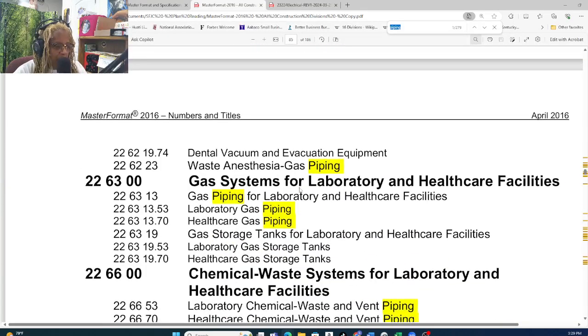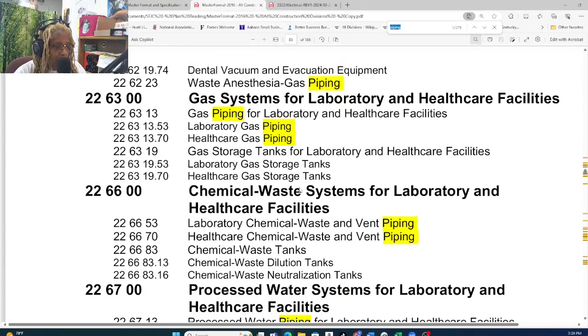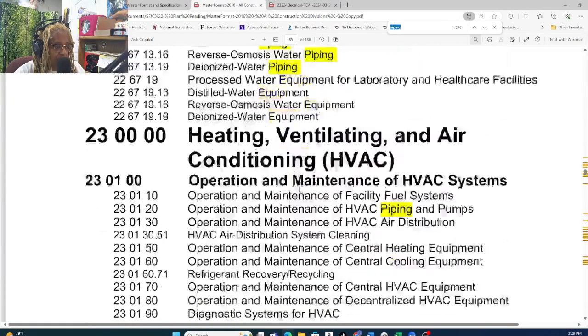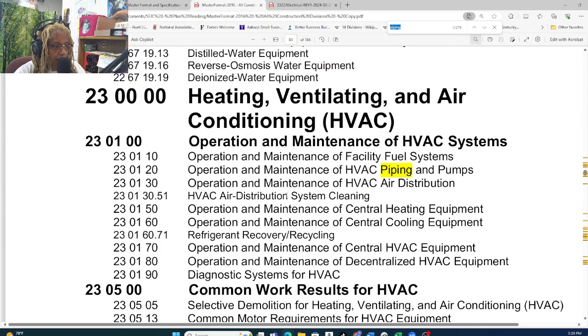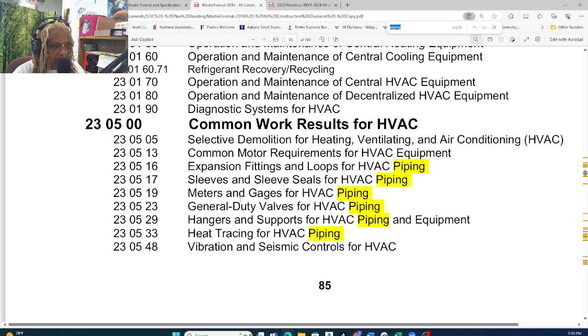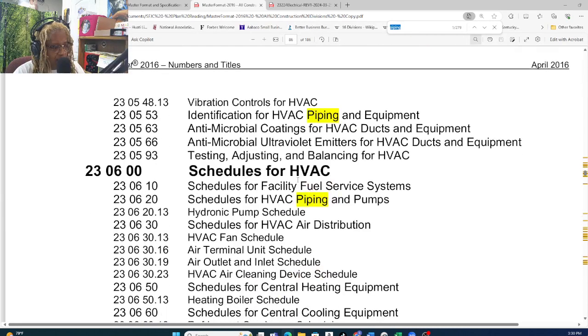But you see there's piping of all types, so, you know, that's why they call it the specifications. It's very specific. All right, so the division 230000 is the HVAC division. And because the piping is part of the HVAC piping, it's going to give us all of that information.